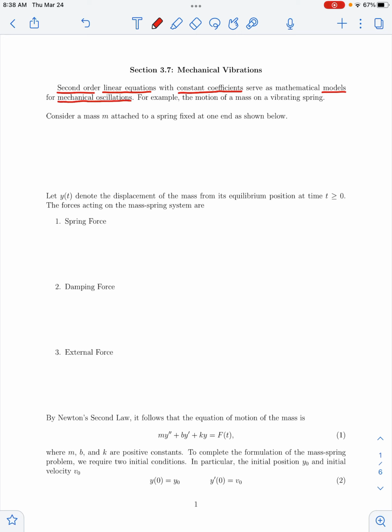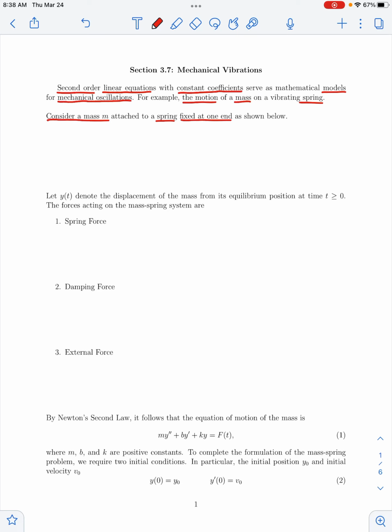And the classic example that we'll consider here is the motion of a mass attached to a spring. So let's develop our model for this mass spring system. Let us consider some mass M, which is attached to a spring which is fixed at one end.